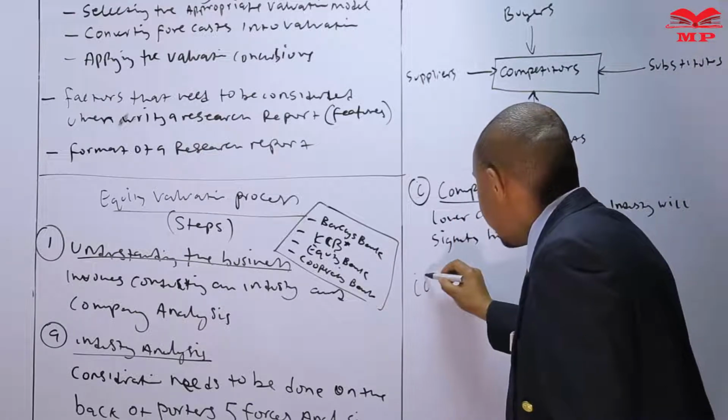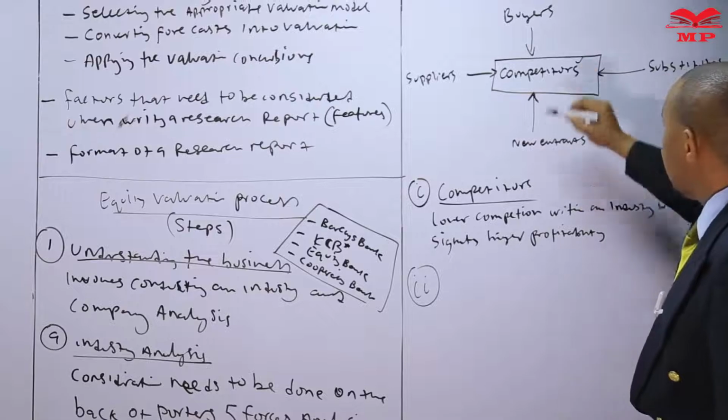That is number 1. Number 2, we've already done competitors. Let's look at buyers.